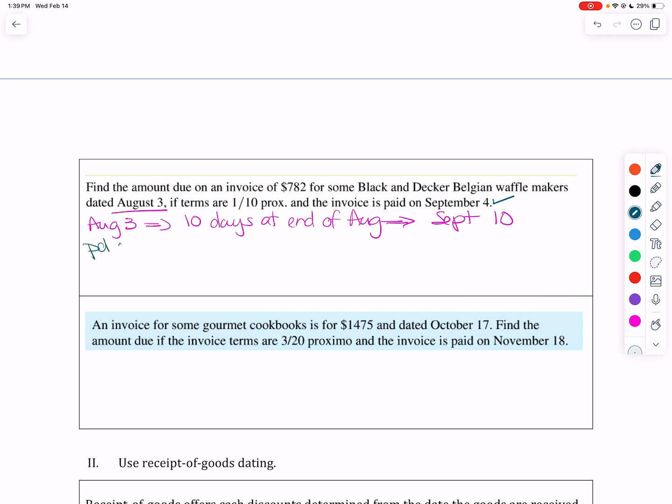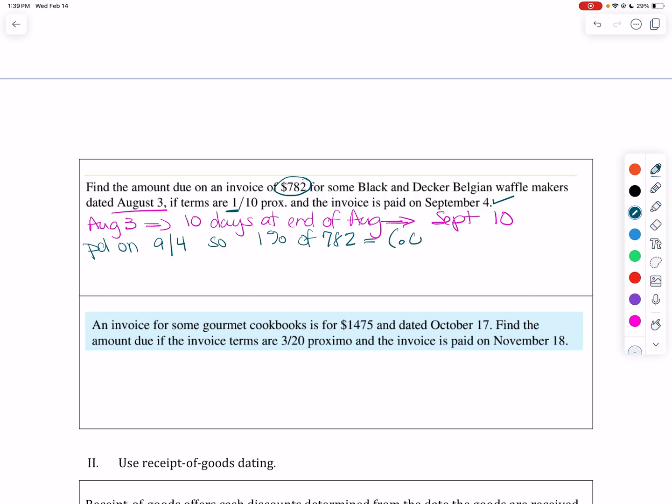So they paid on September 4th, so they get a 1% discount of the total price, $782.